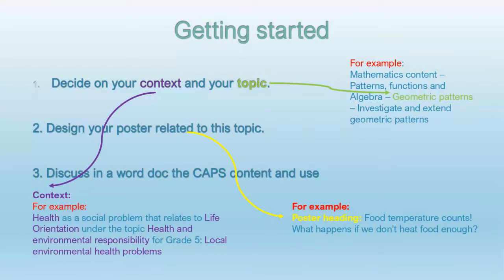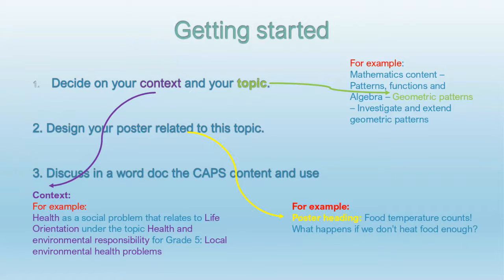Our context in the example that I've just shown you about the bacteria was health as a social problem that relates to life orientation in grade 5, under the topic health and environmental responsibility, local environmental health problems. So if you look at your life orientation or life skills curriculum, in grade 5 there's a topic health and environmental responsibility.